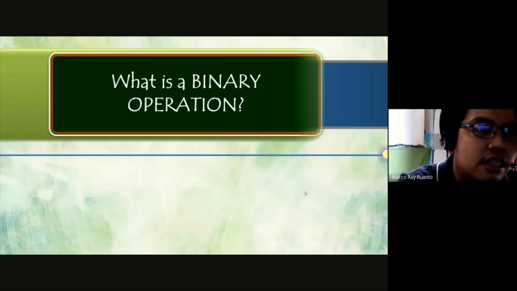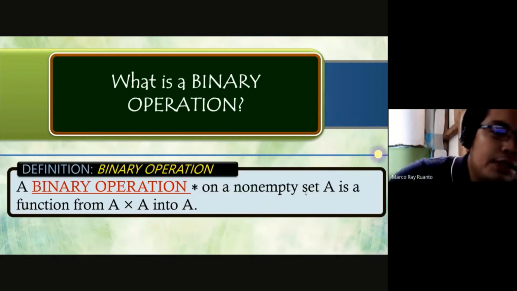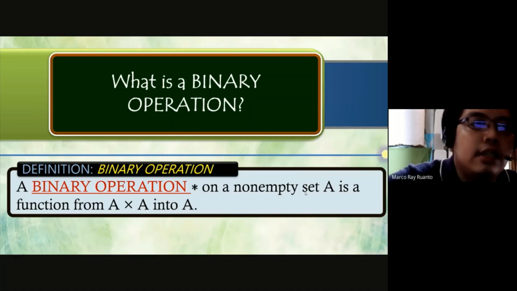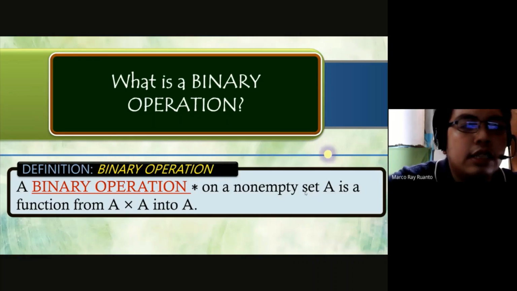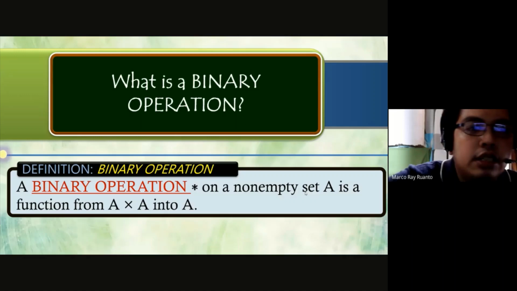Okay, we will proceed with the last part of this class, about binary operations. A binary operation on a non-empty set A is a function from A cross A, that is the Cartesian product of A with A, into A itself. So what is the meaning of this?